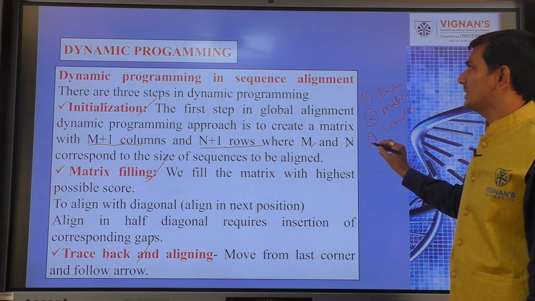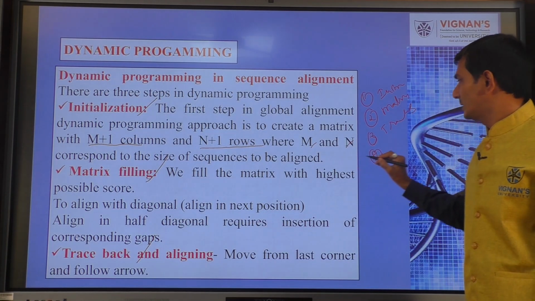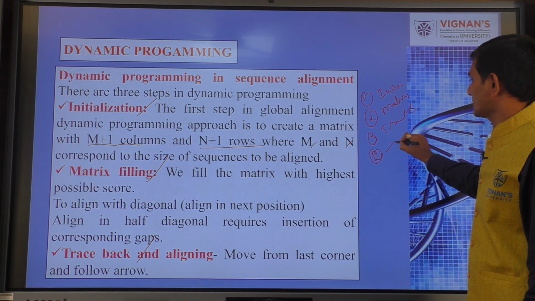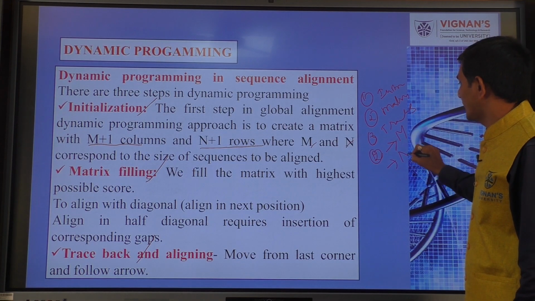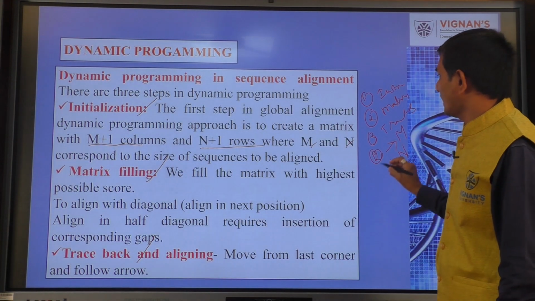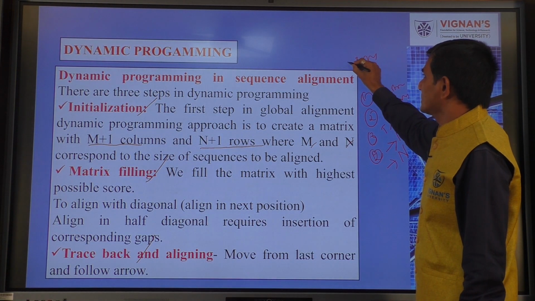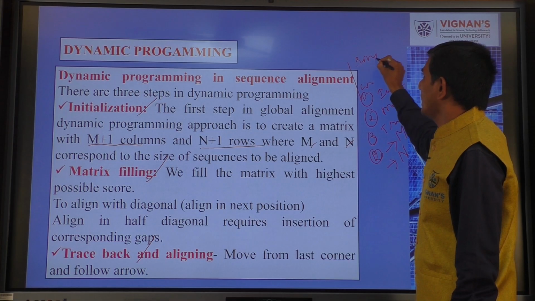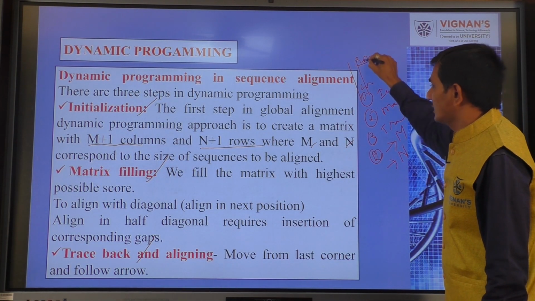The minimum number of sequences we require is 2. The first sequence we call m, and the second sequence we call n. We plot the first sequence along rows and the second sequence along columns. As we know, rows are horizontal and columns are vertical.